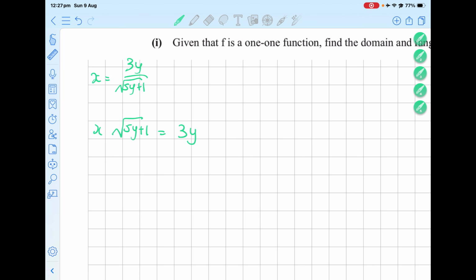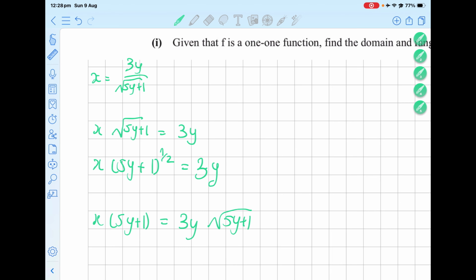Basically, in simple words, if I do this with power half, then this is 3y, but I want all of the y's to be on the other side. So maybe I should try doing this, which is going to be 3y times the square root of 5y plus 1.